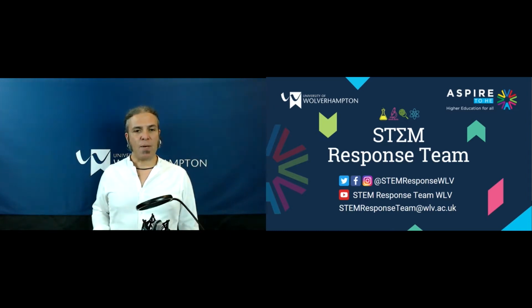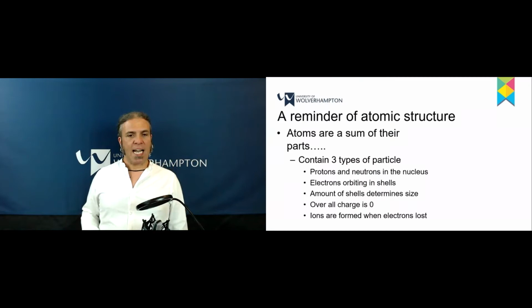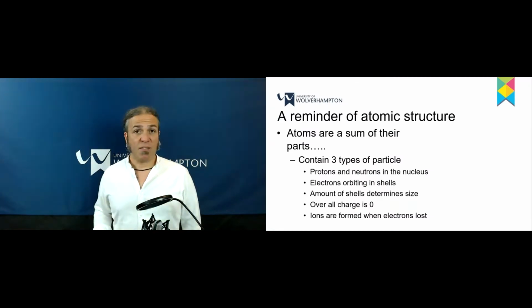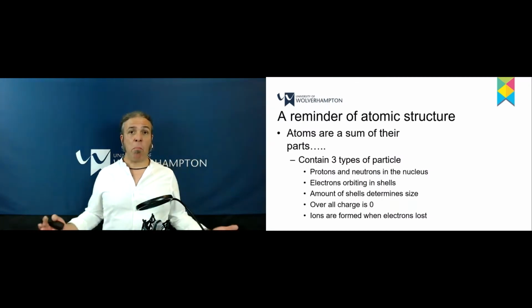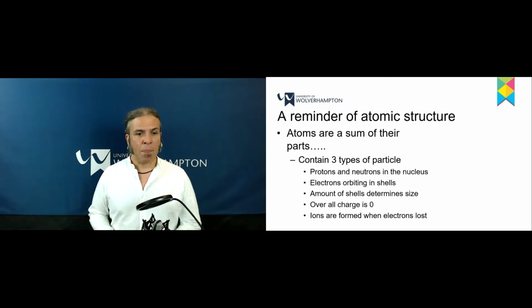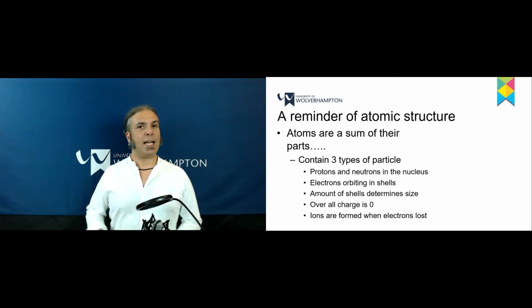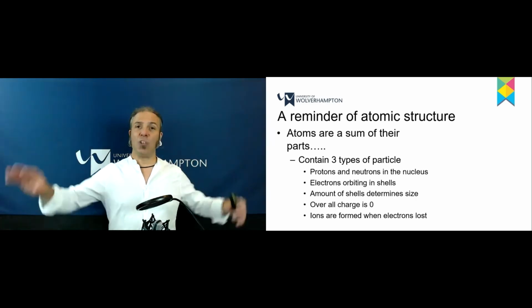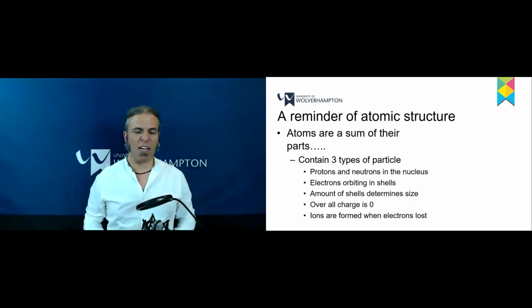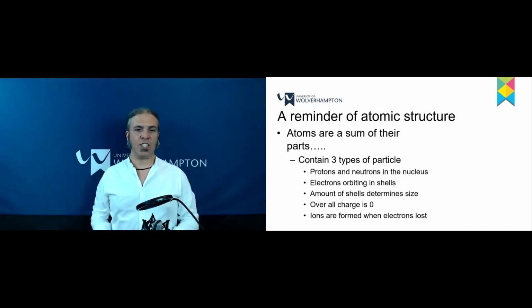Okay, so let's start with today's content then. We're going to look firstly at atoms. And this is a bit of a reminder, hopefully, for everybody out there. Atoms really, as it says here, are some of their parts. They contain three particles. They contain protons and neutrons within the nucleus, and electrons that orbit that particle, a bit like planets around a solar system, in shells.